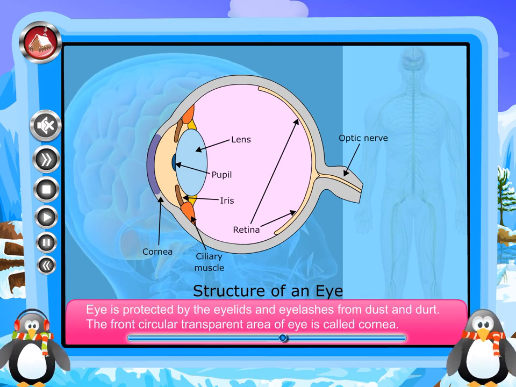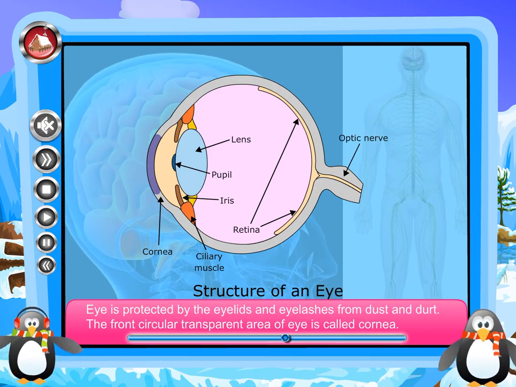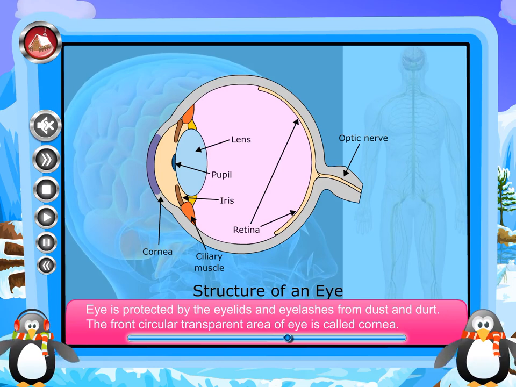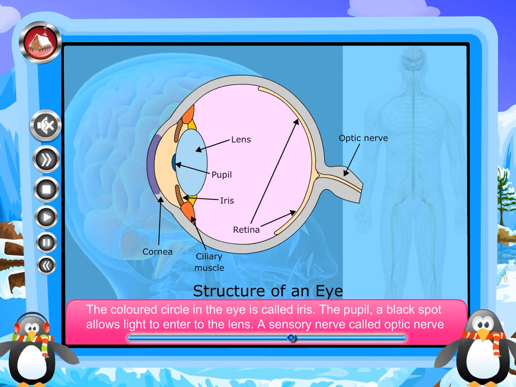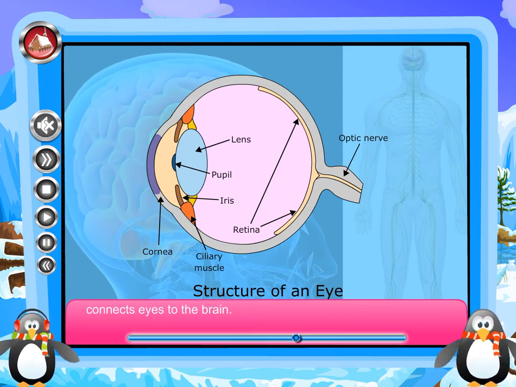The eye is protected by the eyelids and eyelashes from dust and dirt. The front circular transparent area of the eye is called cornea. The colored circle in the eye is called iris. The pupil, a black spot, allows light to enter to the lens. A sensory nerve called optic nerve connects eyes to the brain.